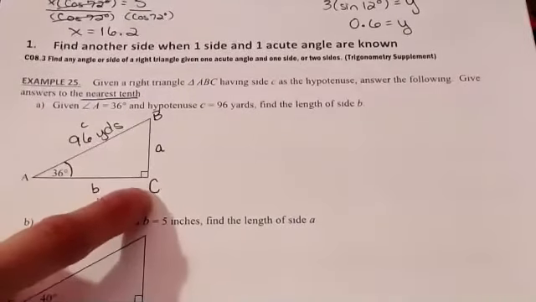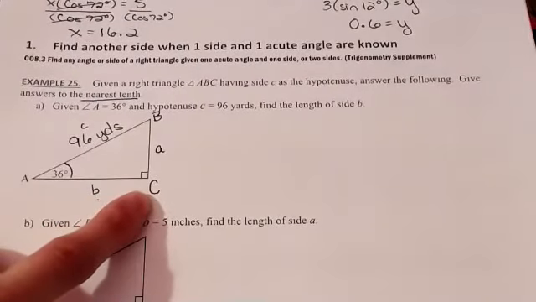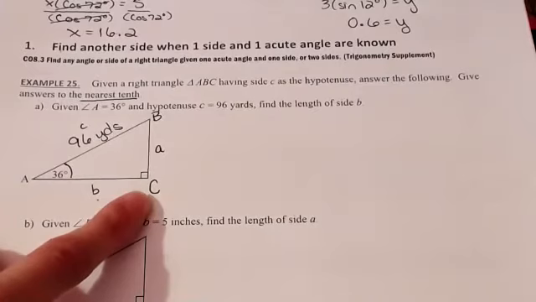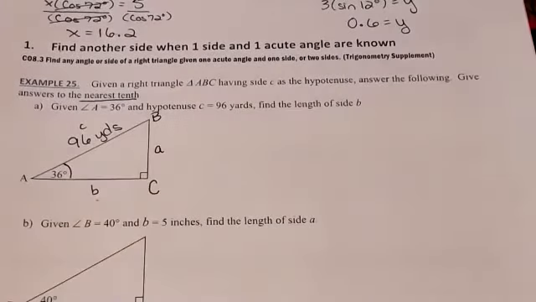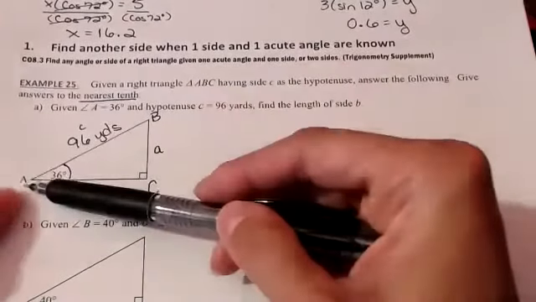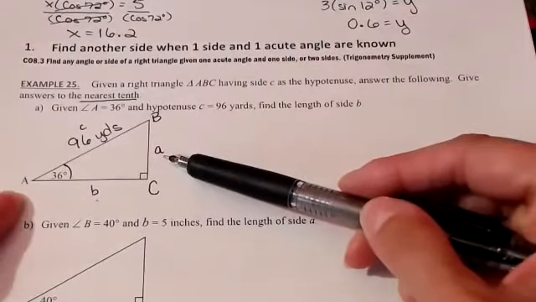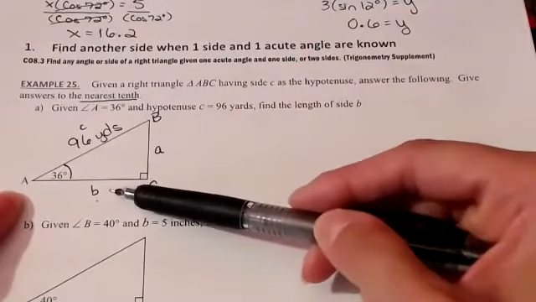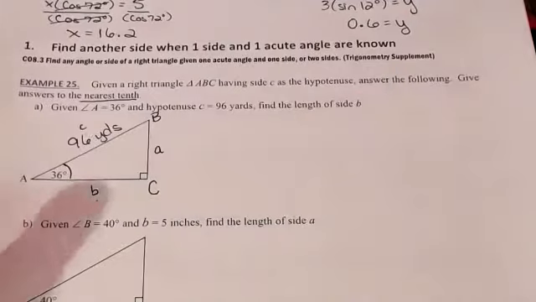That must mean that capital C has to be the 90-degree angle. So you're just labeling the angles and sides. Your capital angle always points to the lowercase side: capital B, lowercase b, capital C, lowercase c. Sweet. So we want to find the length of side B.